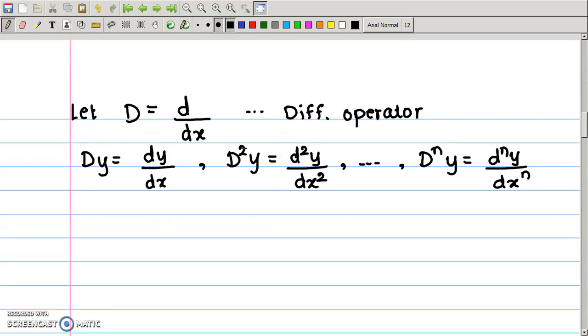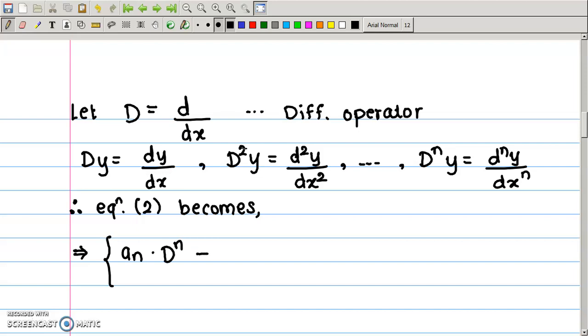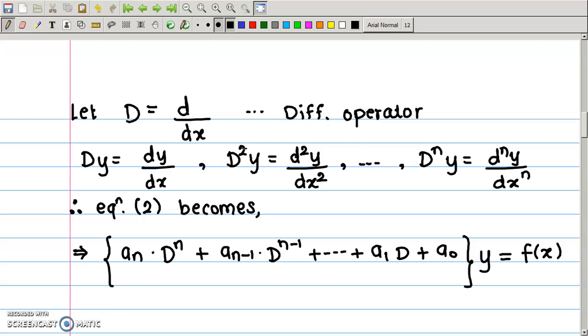If we use this differentiation operator for equation 2, our equation 2 reduces to, so this will imply, a_n into nth order derivative of y plus a_(n-1) into (n-1)th order derivative of y up to a_1 first order derivative of y plus a_0, we can take that y common, and f of x on the right hand side as it is.